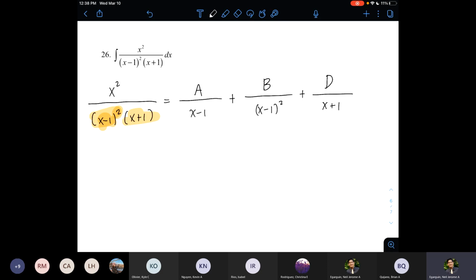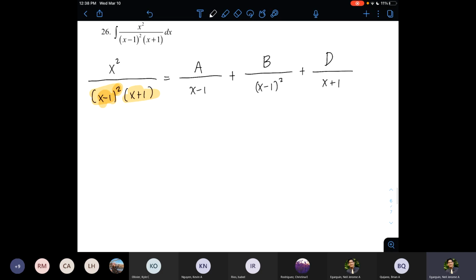Now you have two options here. First, you can compute for the values of a, b, and d as what we did before. But if you look at this decomposition, it looks a little easy to integrate both sides. I mean, you can do the integration first and then solve for a, b, and d later. That works for some examples. I guess that will work here, just to give a different flavor than what we did before.